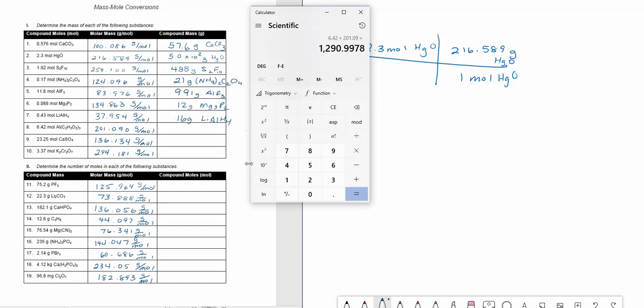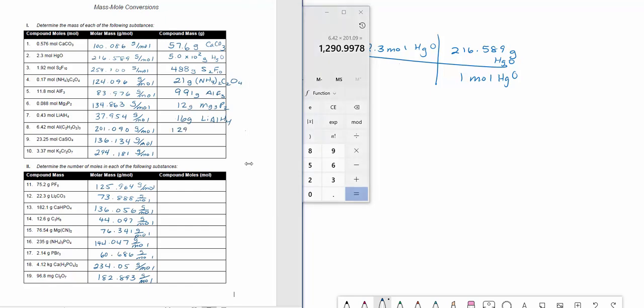I started with 3 significant digits. I need to end with 3 significant digits. So 1290. That 0 is ambiguous, but it is not significant here. You could leave it like this. That's okay. I am not likely to count you off for that.